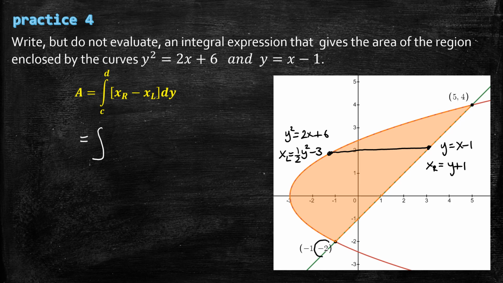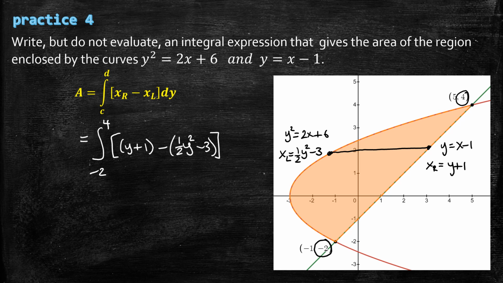So we have to remember to take the lowest y coordinate of the region to the highest y coordinate. So we would go from -2 to 4, and x sub r, the right x coordinate, is y plus 1, minus the left x coordinate for any particular y, which would be 1/2 y squared minus 3.